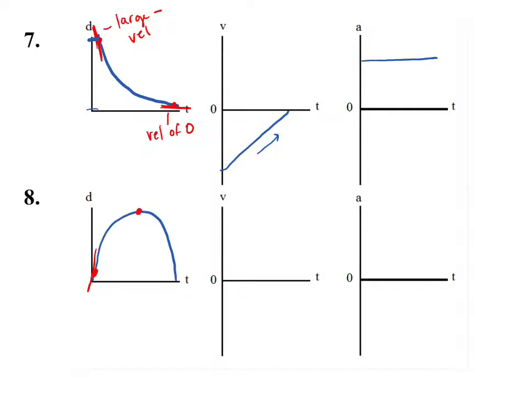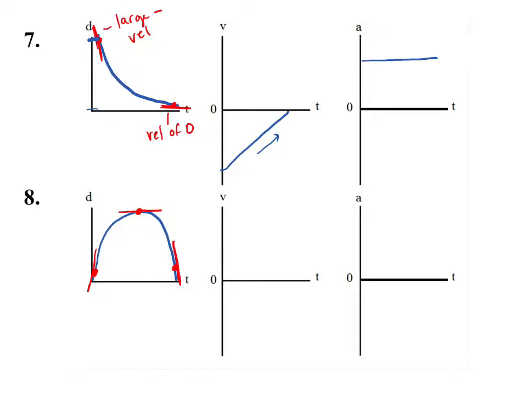And as we go along, we get to this point right here. What is that? That looks like a horizontal line. Okay, so I'm guessing that at that point, the velocity is at 0, right? So we're going from a large positive velocity to a velocity of 0. And then what's happening near the end here?